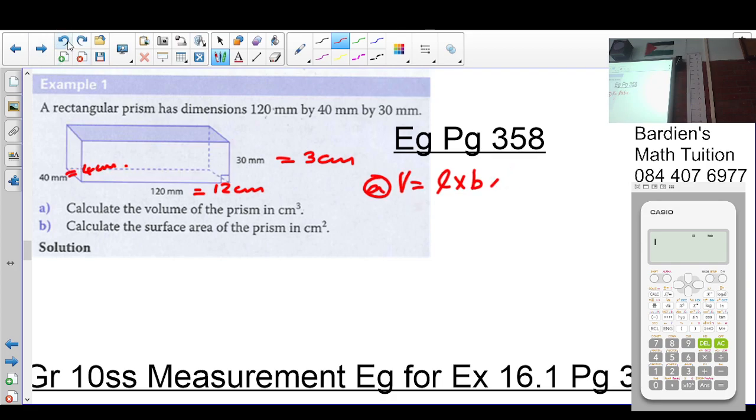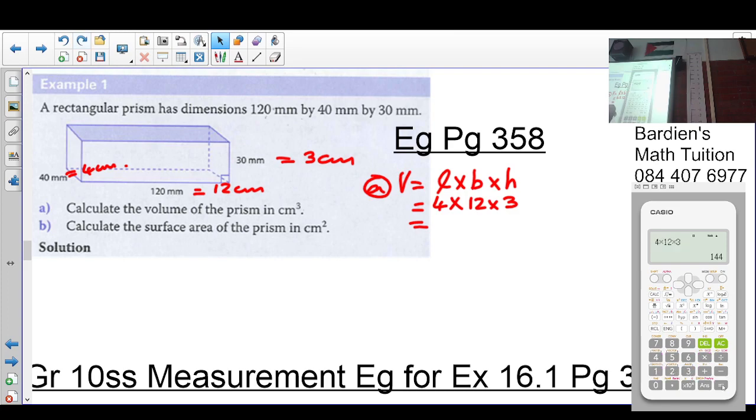Anybody that's confused? So it's going to simply be 4 multiplied by 12 multiplied by 3. So 4 times 12 times 3 gives us 144 centimeters cube.